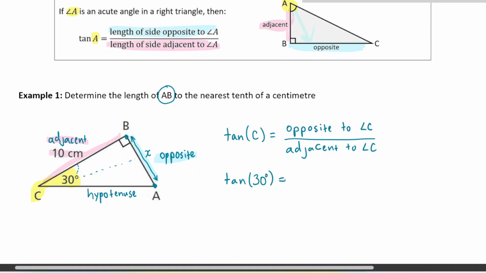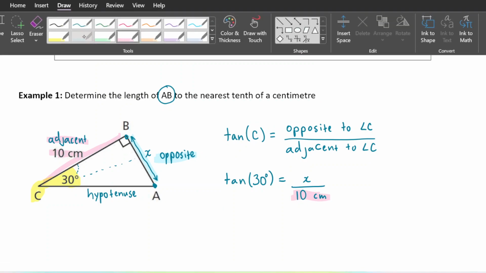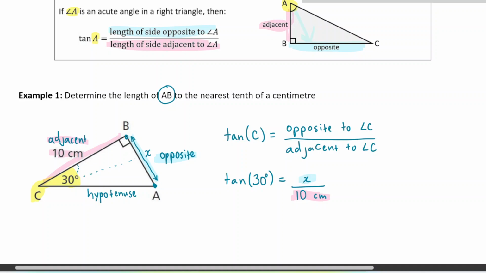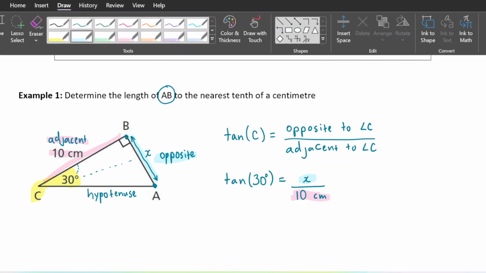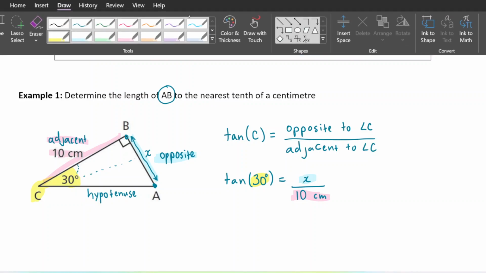And then the opposite side, we don't know that, so we're just going to put X. And then the adjacent side, we do know the length, so it's 10 centimeters. Okay, so I'm just going to highlight everything so that it matches. So that was our adjacent side. The opposite side we don't know, we labeled it X. And then the angle we do have the measure of, so we replaced it with 30 degrees.